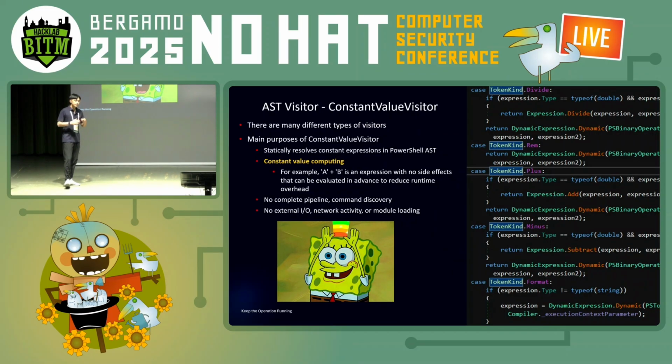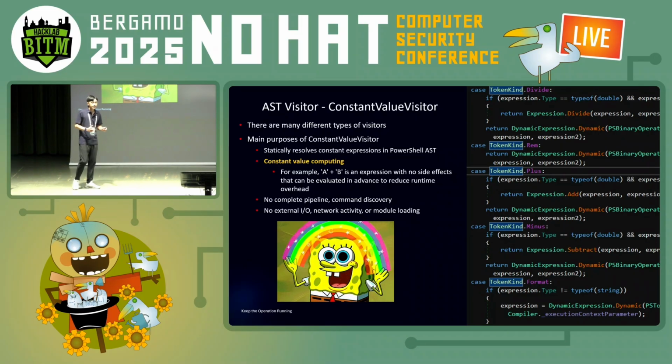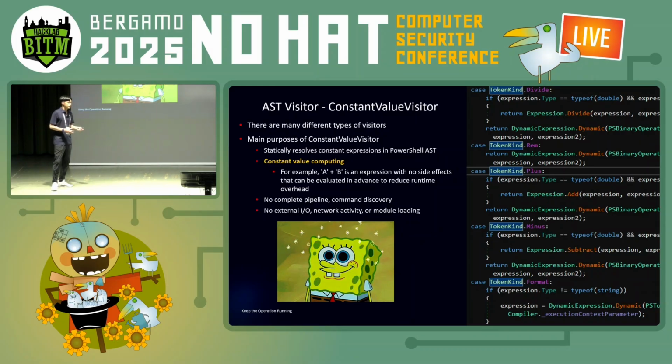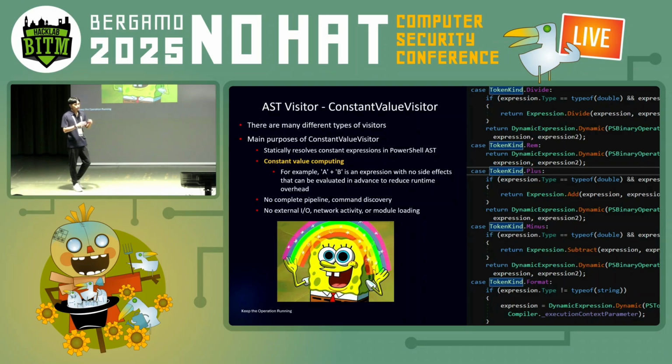So in the AST visitor framework, there are a lot of different kinds of visitors. One notable visitor is the constant value visitor. In this visitor, they will try to inspect every token and try to resolve every token's computed data, which means that if there is data like A plus B, they will try to resolve the string to AB.